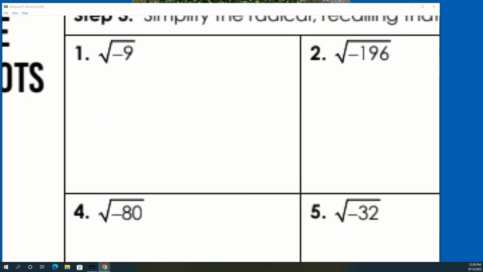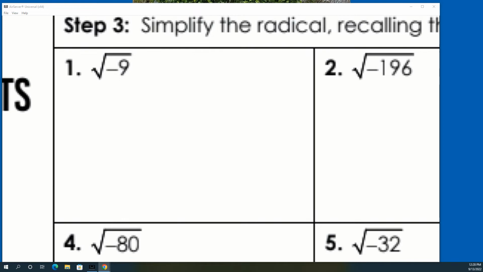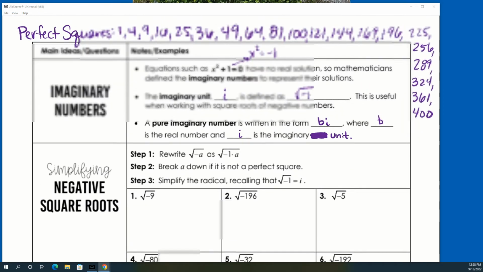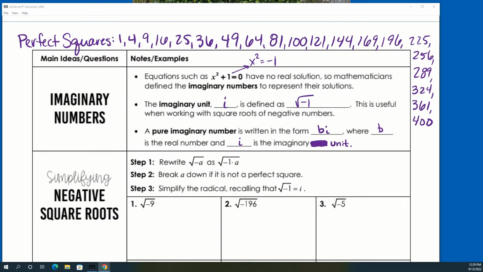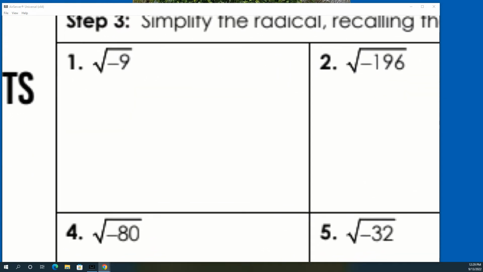All right, so on number 1, we want to find the square root of negative 9.